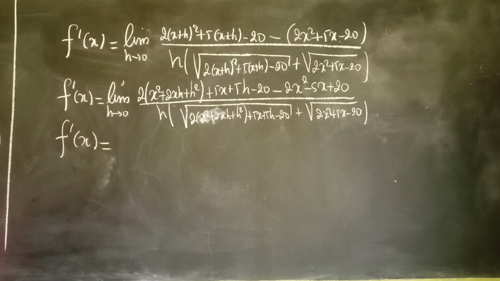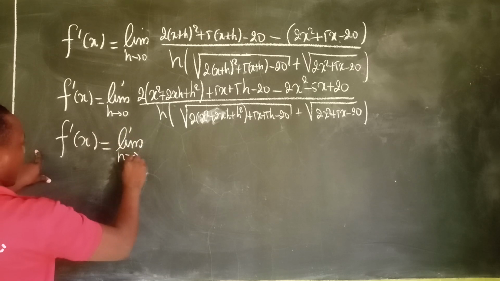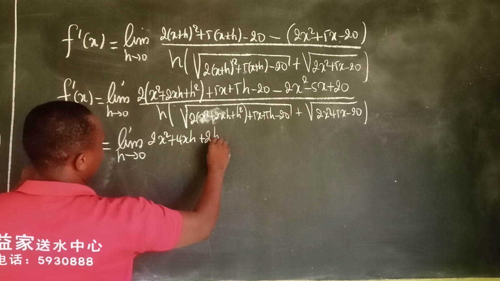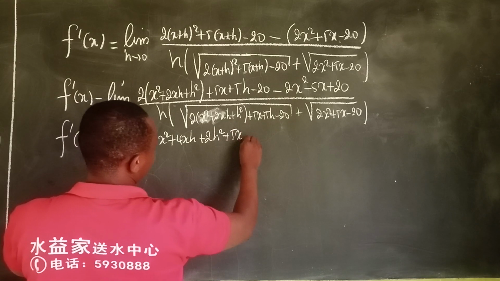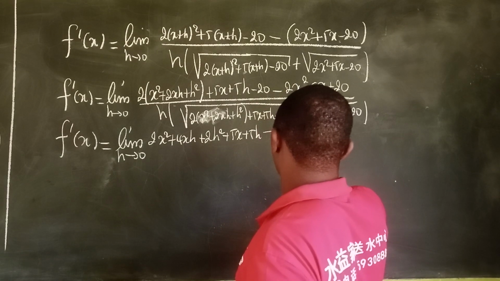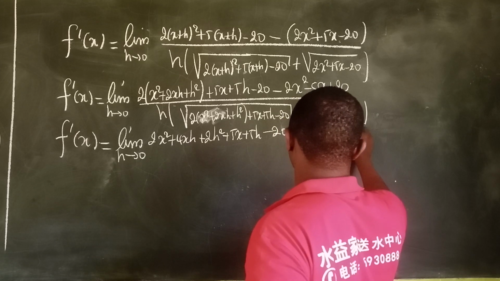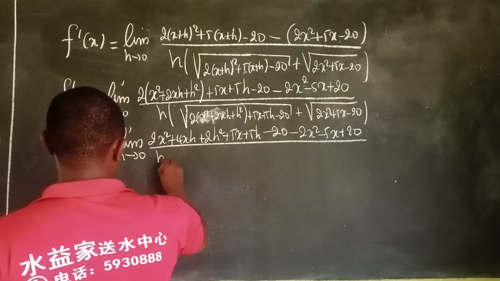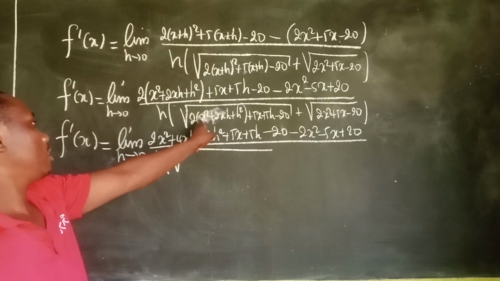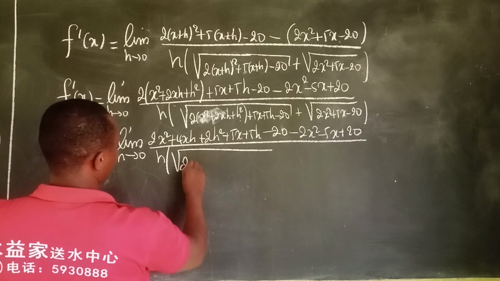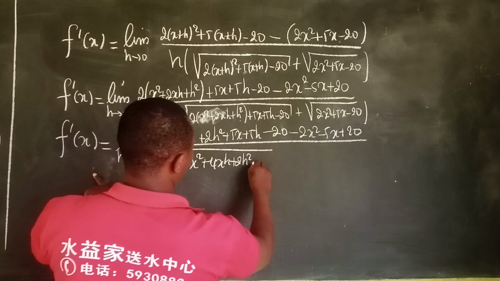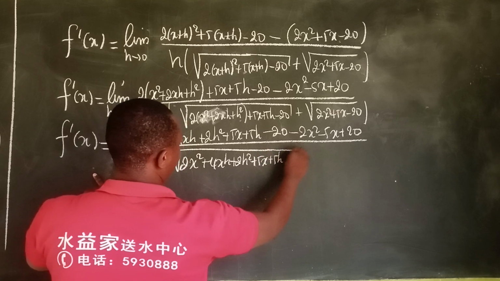Our derivative is then the limit as h tends to 0 of 2x² + 4xh + 2h² plus 5x + 5h minus 20, negative 2x² − 5x + 20 over h into the square root of, let's multiply 2 in here, here is 2x² + 4xh + 2h² plus 5x + 5h minus 20.